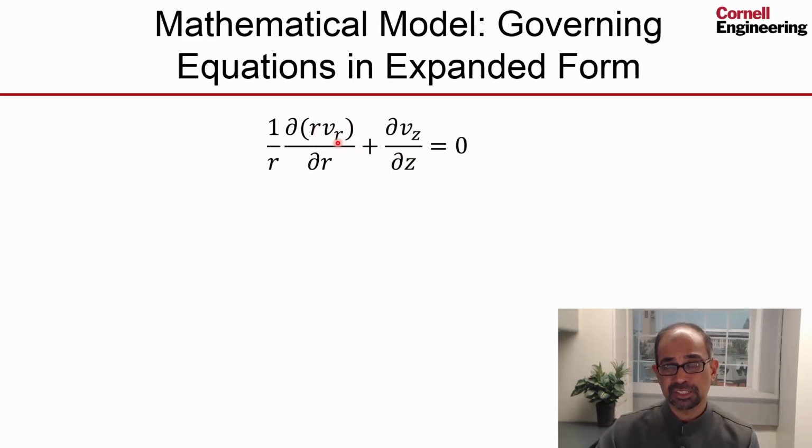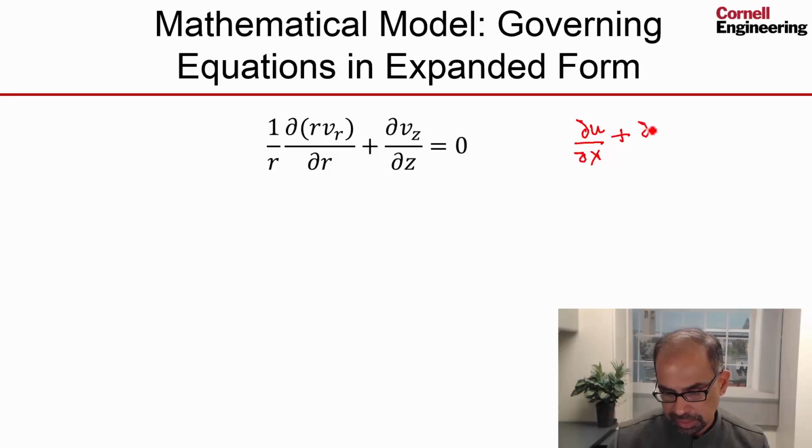And we can understand this, the physical principles embedded in that equation, by analogy with the 2D Cartesian case. In the 2D Cartesian case, I have du dx plus dv dy is equal to 0.